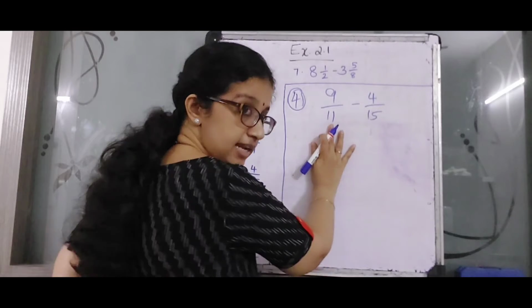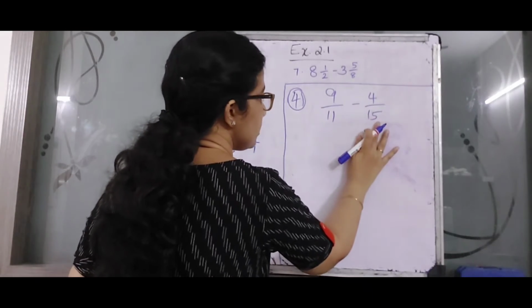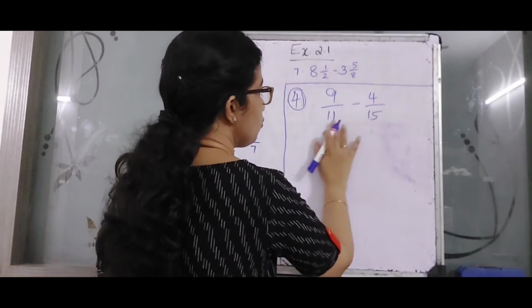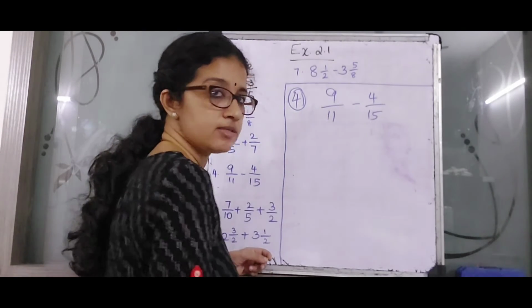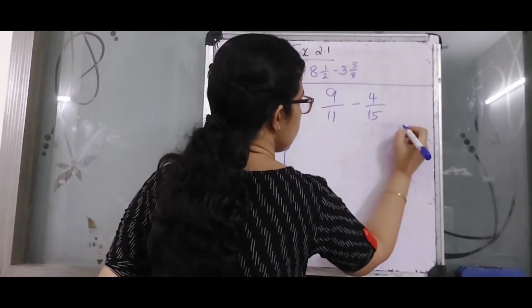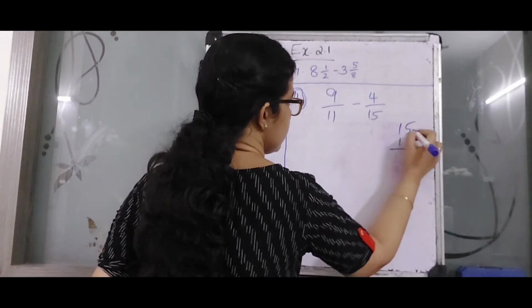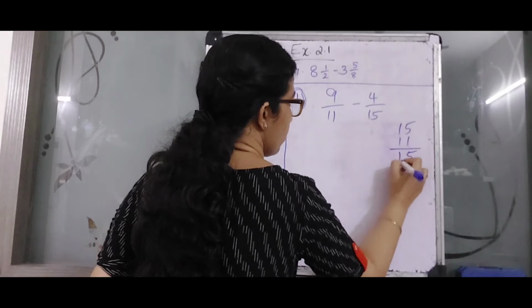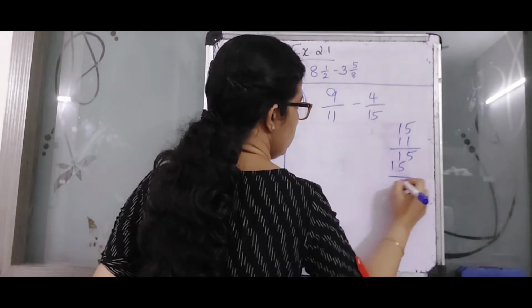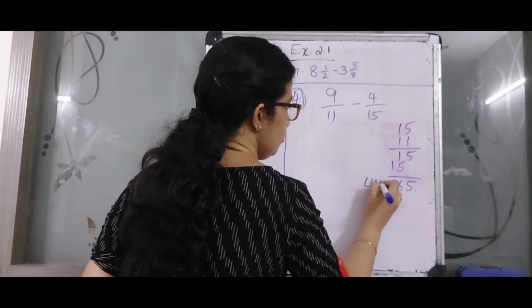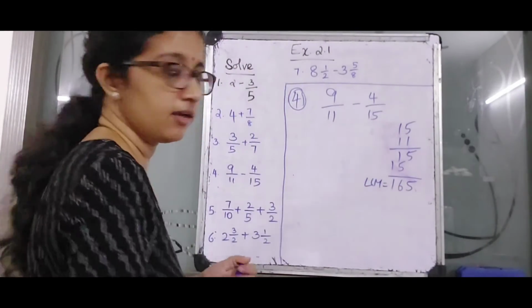One denominator is 11 and another denominator is 15. So how to find the LCM of these two numbers? You just have to multiply. So 15 into 11 is 165. So LCM is equal to 165.